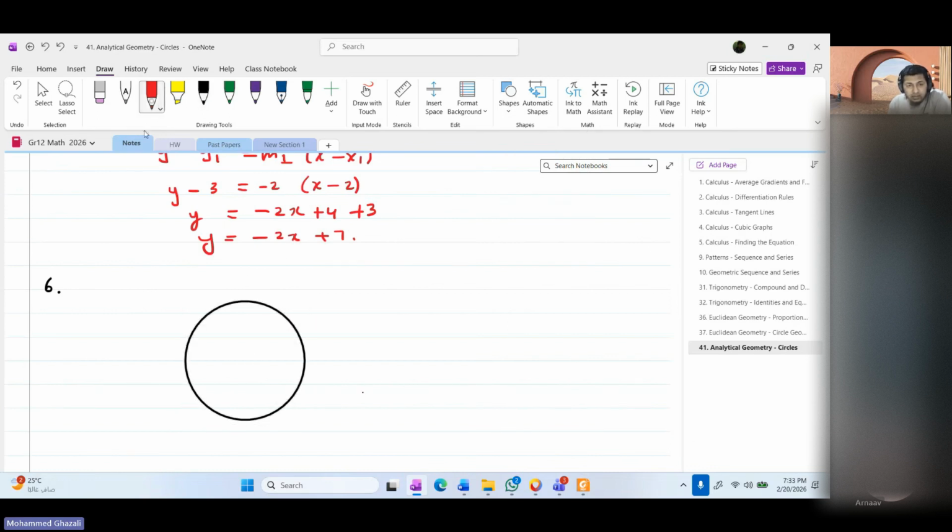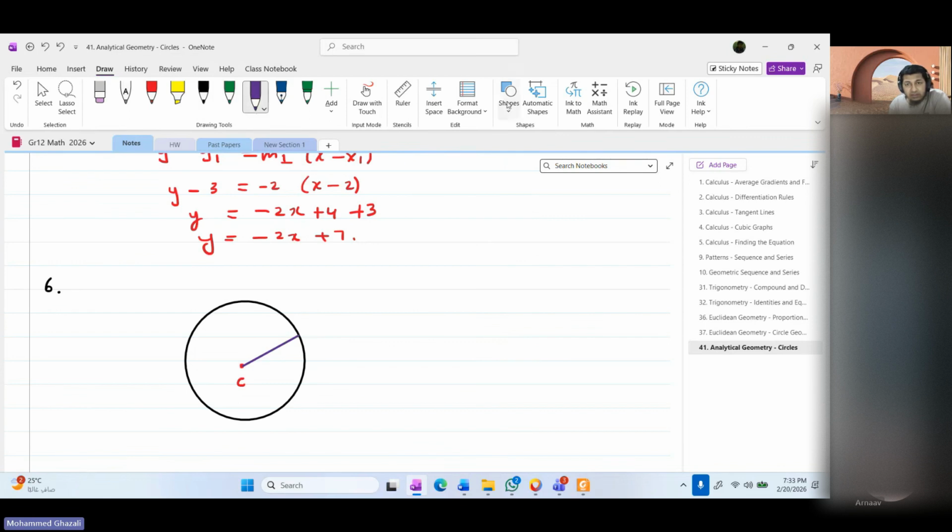Remember, they will be given a point. You have a center point and you have another point on the radius.